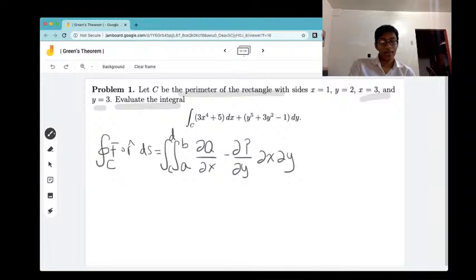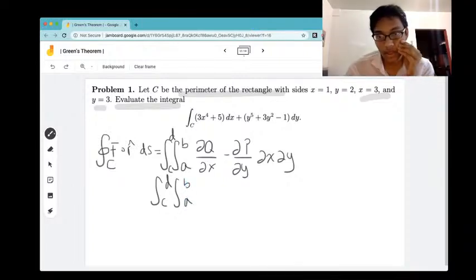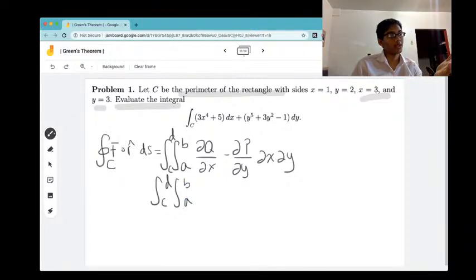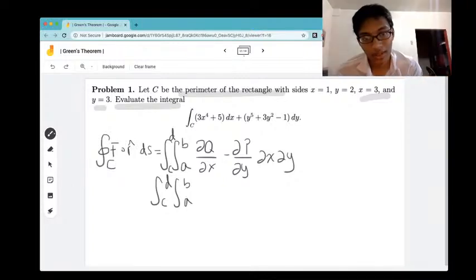Now all we have to do is write partial c to partial d and partial a to partial b, and let's see what we have here. What is our p and what is our q? How do we know what our p and q is?